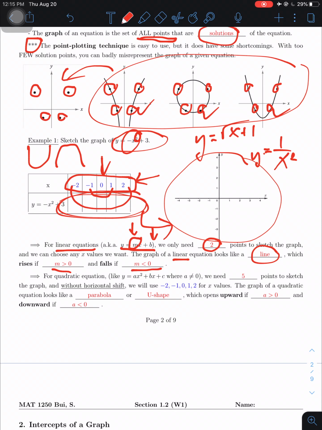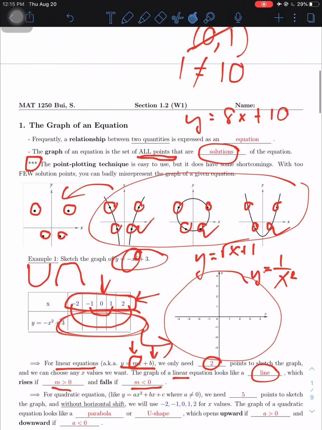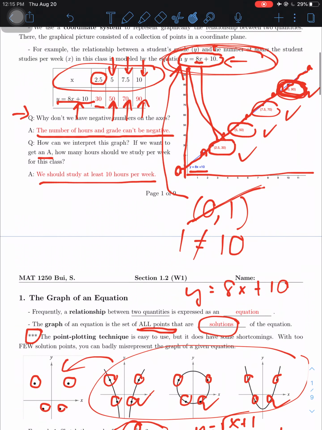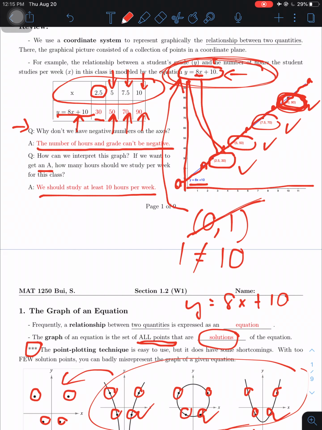To demonstrate that, let's go back to the very first example that we did in here. Know that the m in here is 8, because 8 is the number attached to x, right? It's positive, right? It's greater than 0. That's why we have a rising line.